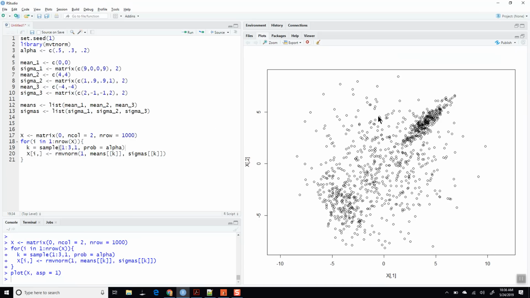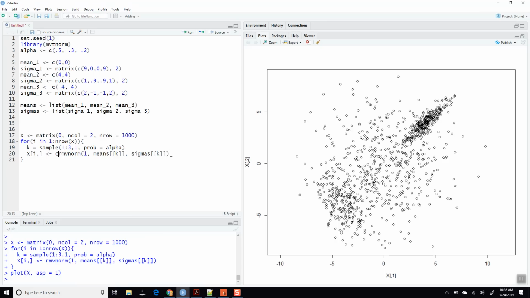So you've got this big blob of points in the middle that represent the thing centered at 0, 0. You can see very clearly there's the cluster here for the points that came from the one centered at 4, 4 with high covariance, and then you can also see a concentration here, right?